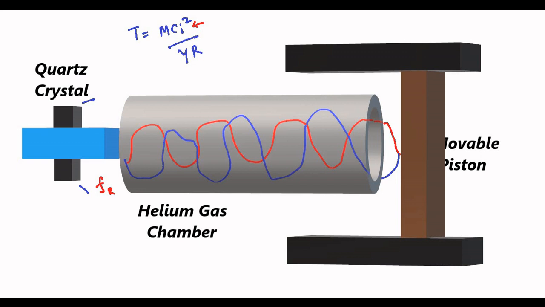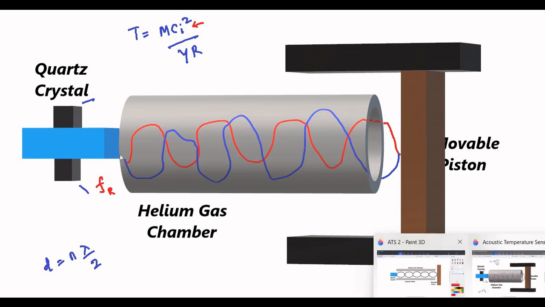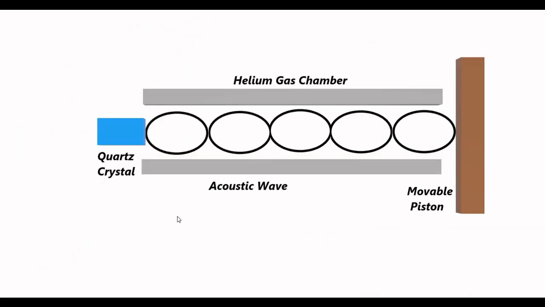Now the piston displacement is given by d, which is n lambda by 2. So here d, which is the piston displacement, depends on the wavelength of the sound wave, or half of the wavelength, and the number of peaks of the wave.